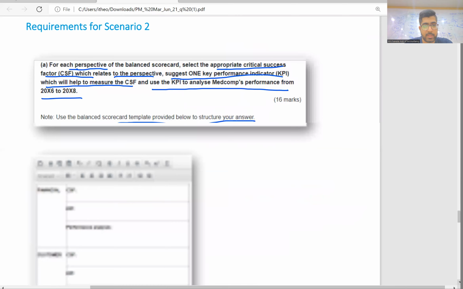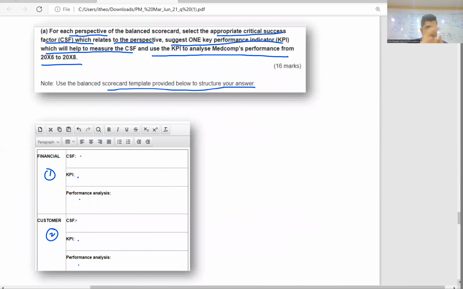And you have been given that for each perspective, select the appropriate CSF, suggest one key performance indicator to measure the CSF, and use the KPI to assess performance from 2006 to 2008. You don't have to assess performance just for 2008, but 2006 to 2008, and you have to use the template which will be provided in the exam.